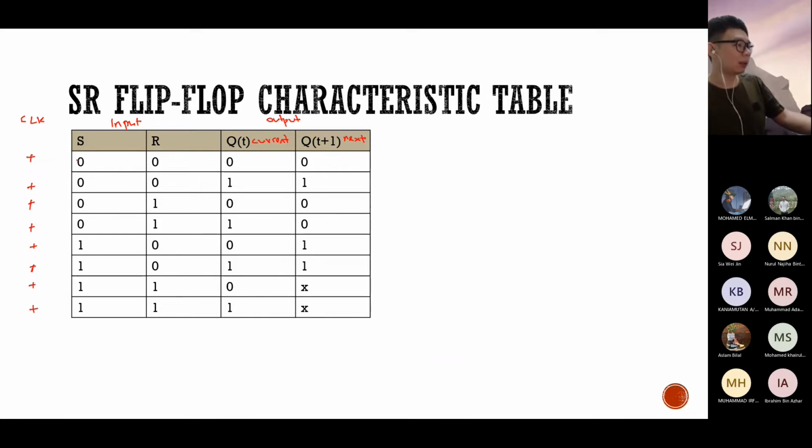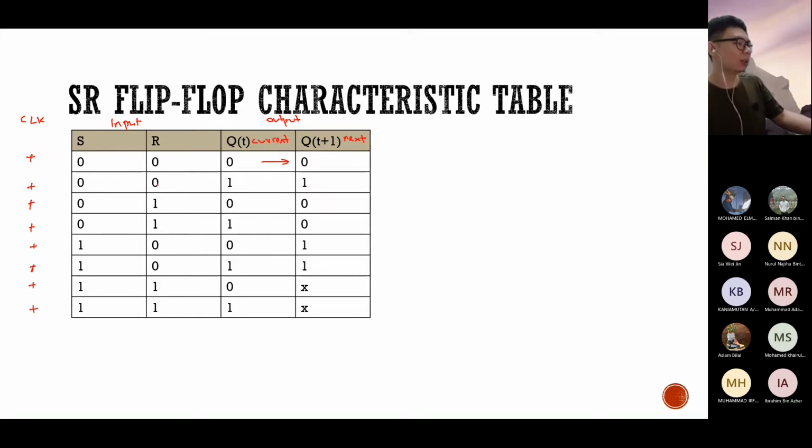If you have 0, 0, this is in a no change mode, and your current output is 0. So your next output will be the same. You will keep the same value because 0, 0 is a no change state. So it goes from 0 to the next output also 0. It's not going to change. Take a look at what's the difference.